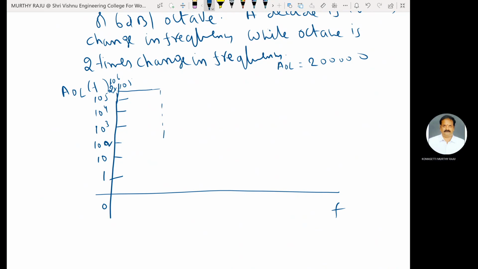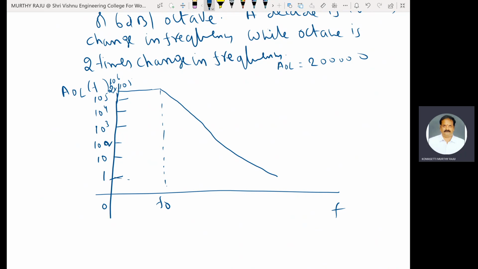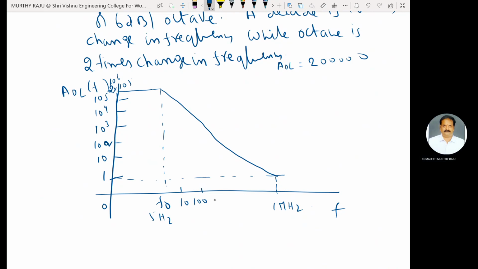After that, the gain of the operational amplifier decreases and reaches 1, the open loop gain is 1, at a frequency of 1 megahertz. The frequency axis is 5 Hz, 10, 100, 1K, 10K, 100K, 1 mega.